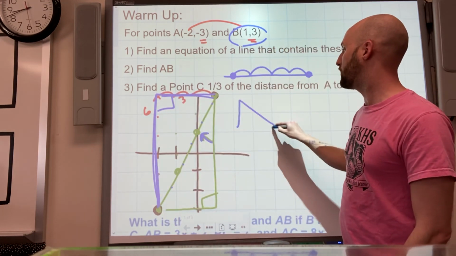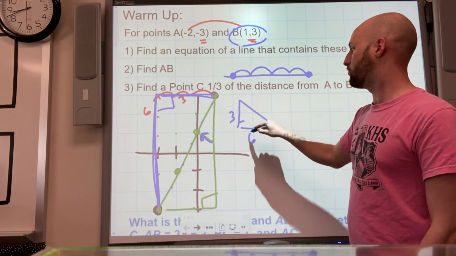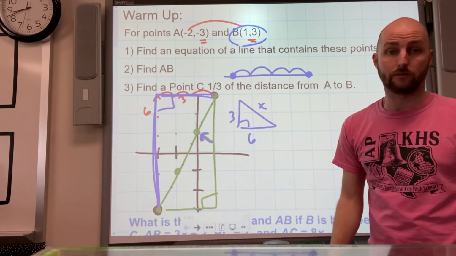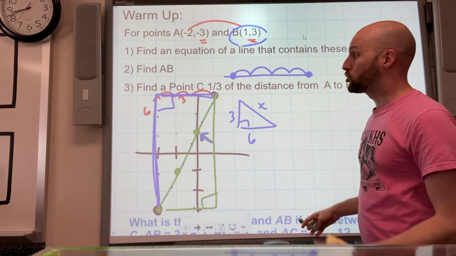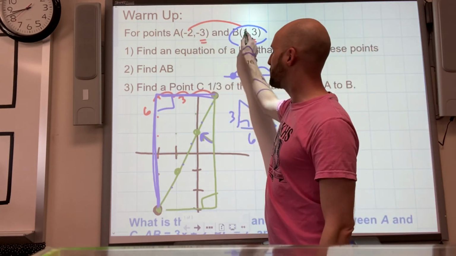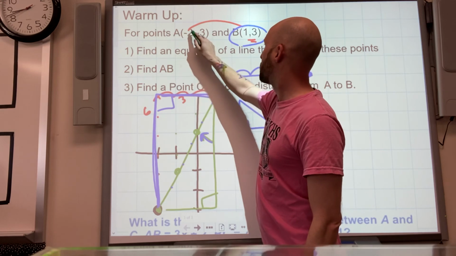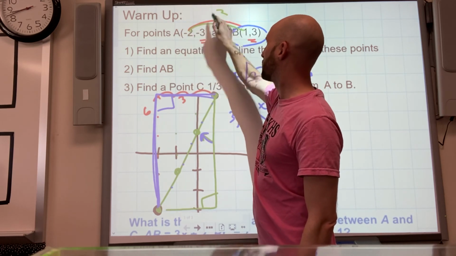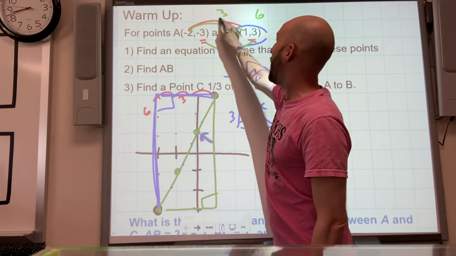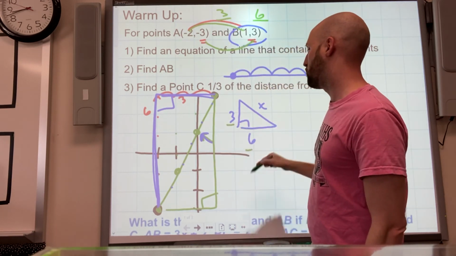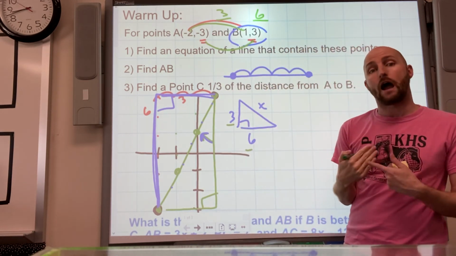So in my Pythagorean theorem, one of them is a 6 and one of them is a 3, and that'll help me find my hypotenuse, which will be the distance. Alternatively, up here it asked how far away these are. From -2 to 1, it's a distance of 3. From -3 to 3, it's a distance of 6. And those 2 values are the same ones, again, that I could find without the graph.